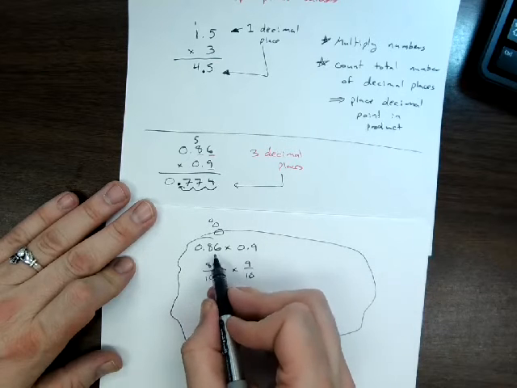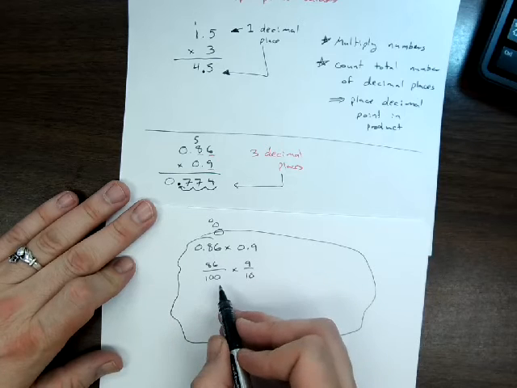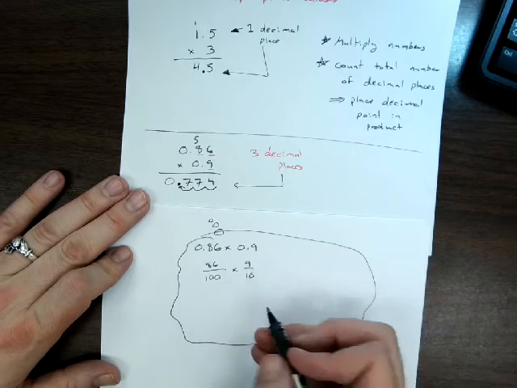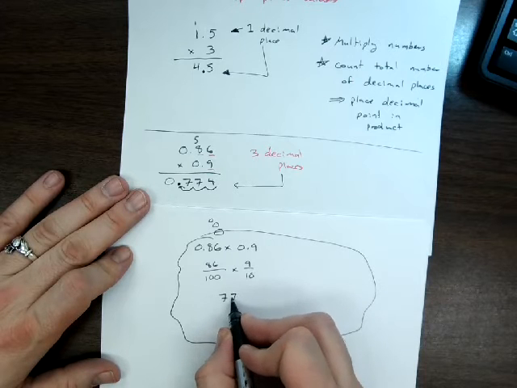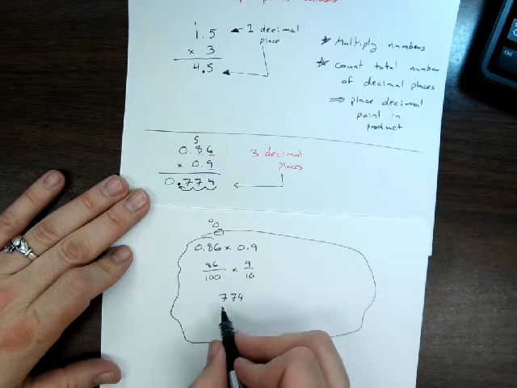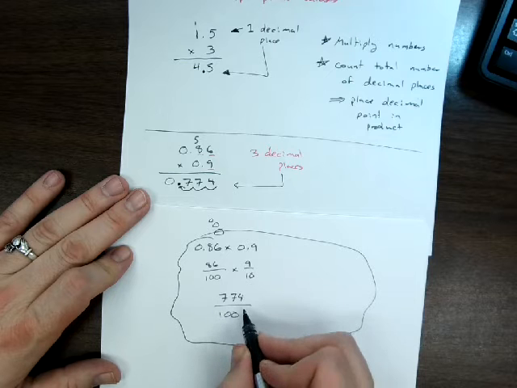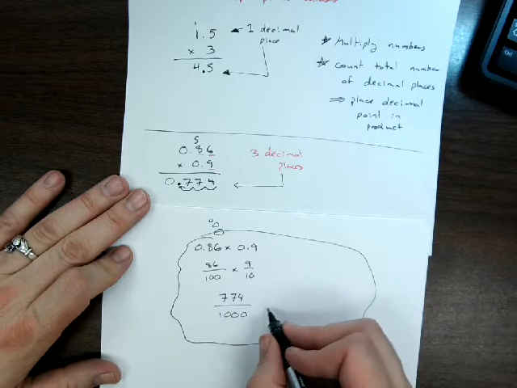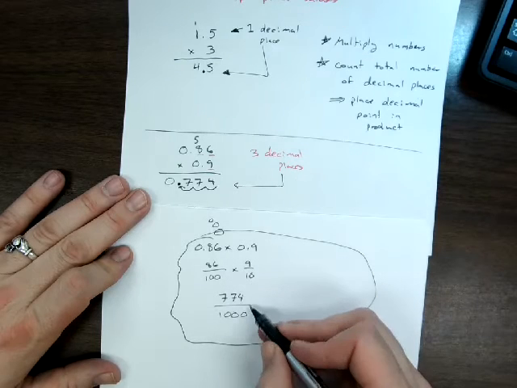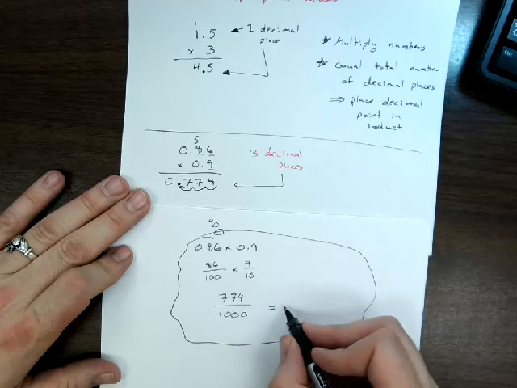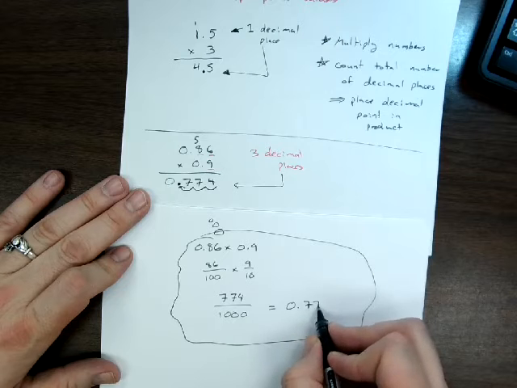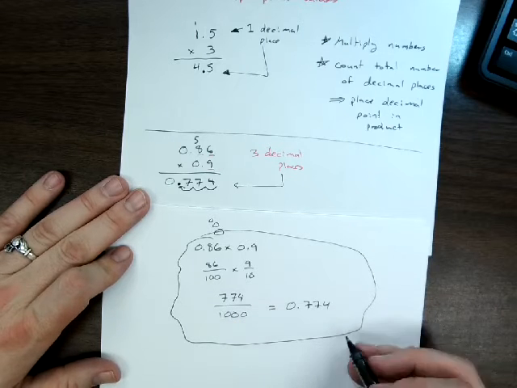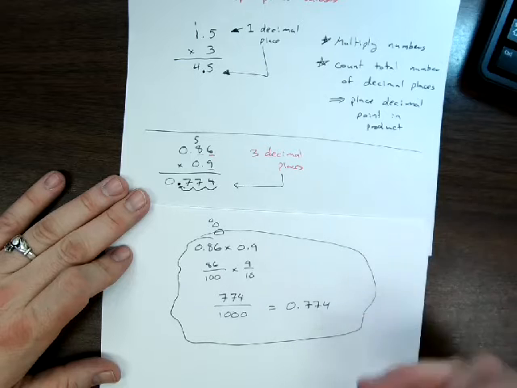So that's 86 hundredths times 9 tenths. When I multiply those two numbers together, I end up with 774, and 100 times 10 is 1,000. So now I've got 774 thousandths, which turns into 0.774. So that's the reason why this works.